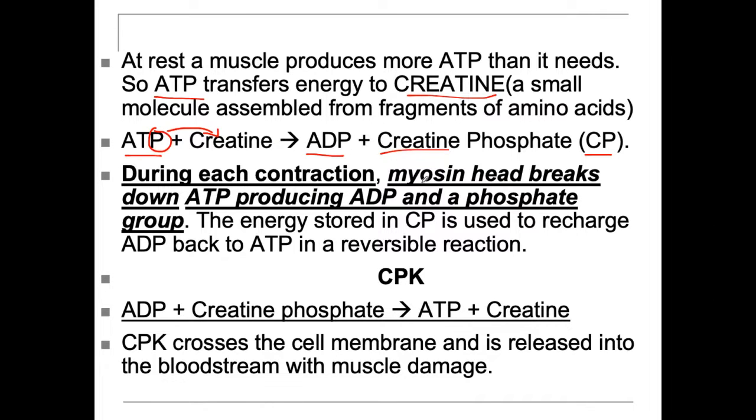Okay, and during each contraction, the myosin head breaks down ATP, producing the ADP and the phosphate, right? So we look at this, we can go from ADP, adenosine diphosphate, plus CP, creatine phosphate, using the creatine kinase enzyme, and create ATP plus creatine.